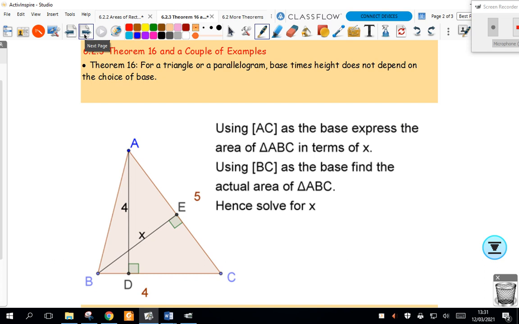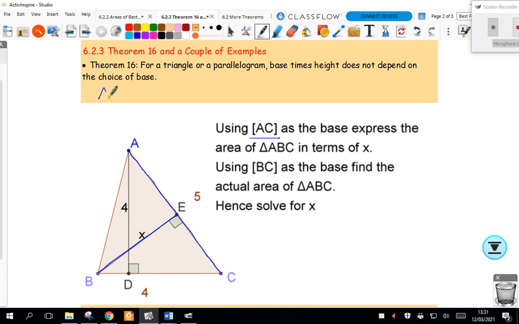Using the line segment AC, that's this side over here as the base, express the area of the triangle in terms of x. Well, if I make AC the base, the perpendicular height is that height there, x.